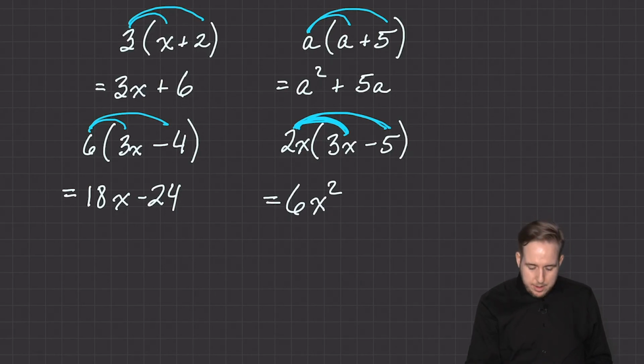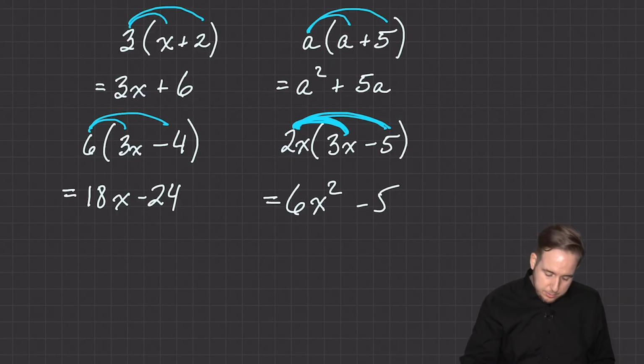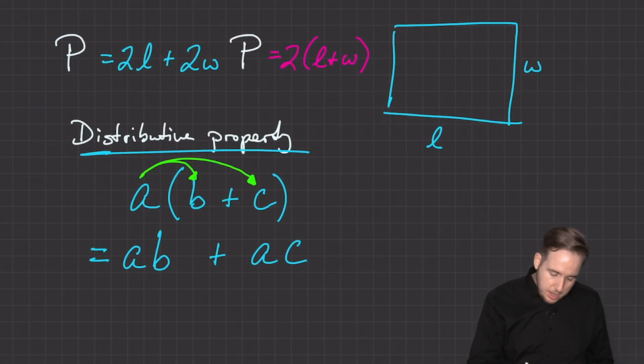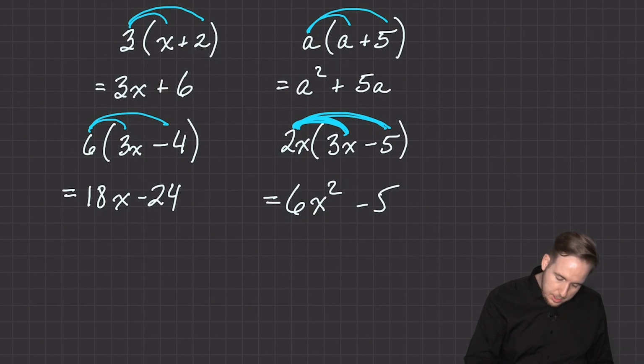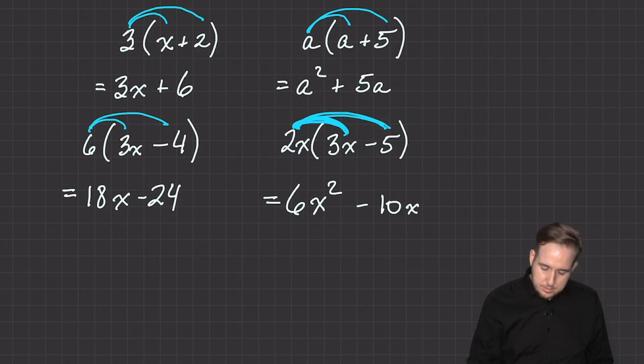If you're in a hurry and you haven't drawn the arrows, or the lines, or whatever you're going to call them, some people will write just minus 5, like they will forget that they were supposed to do anything to it. But no, when you had this thing with the area, both of them had 2's, right? So that's an important part of it. And I want not negative 5, but 5 times 2 is 10, and x is an x.